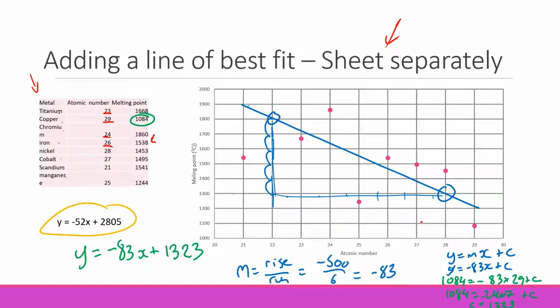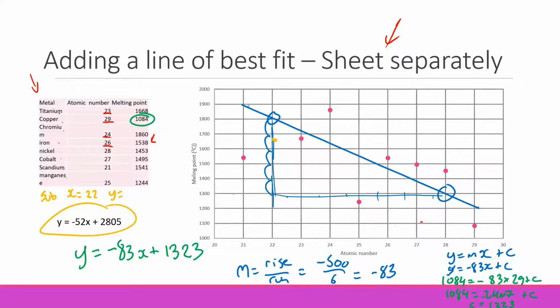Let's actually see how badly I did, ladies and gents. We're going to substitute x equals 22. When I substitute 22 in there, I get negative 52 times 22 plus 2805, which gives me 1661. So 1661 is about here.